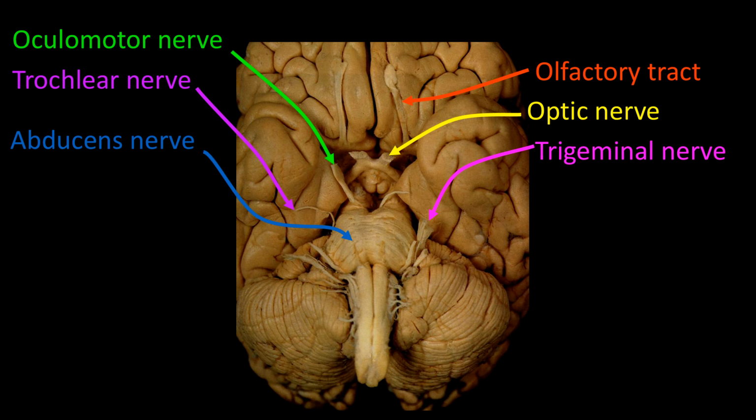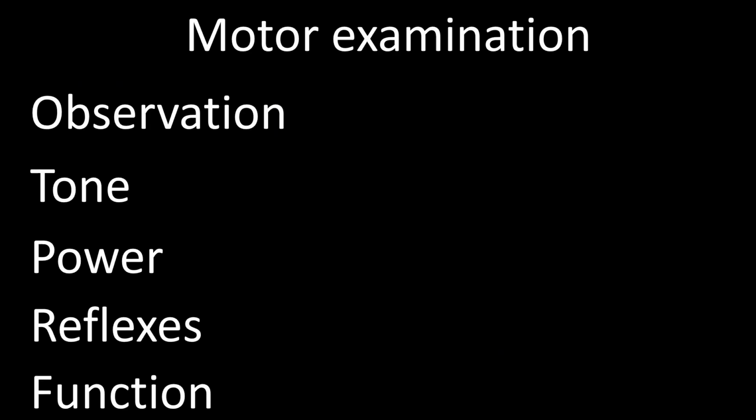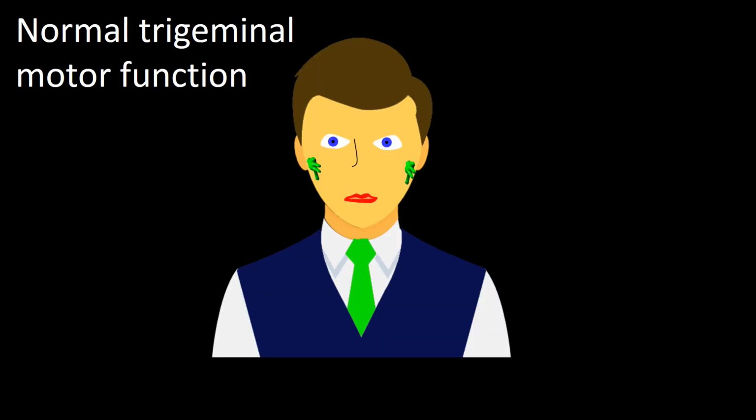The fifth cranial nerve, the trigeminal nerve, also has a motor component. Motor examination of the trigeminal nerve should include all the elements of motor examination for any muscle, starting with observation, that is looking for asymmetry in the jaw. Tone is assessed by feeling the muscles, and power.